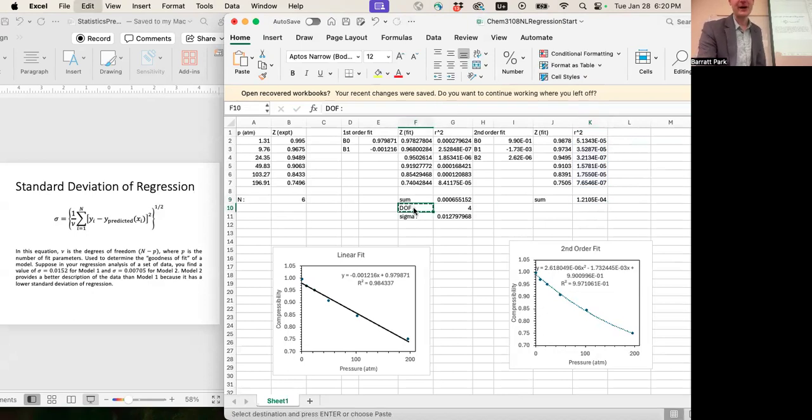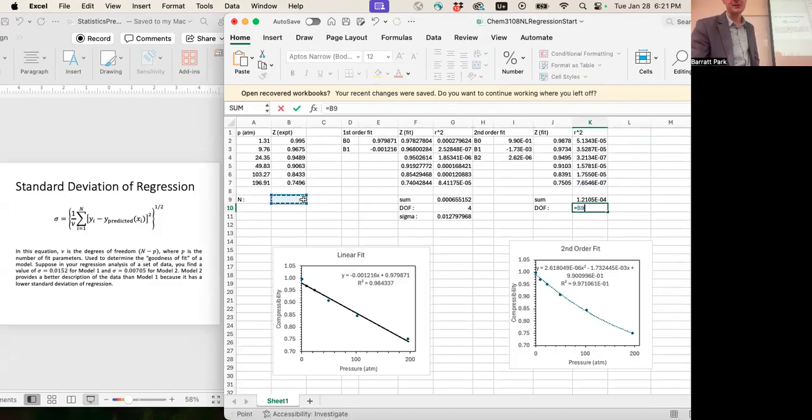Okay, so now the number of degrees of freedom is going to be less because we have more fit parameters. So we have 6 data points, but now in the quadratic fit, we have 1, 2, 3 fit parameters. So the number of degrees of freedom is 6 minus 3, which is going to be 3. So number of points minus 3 fit parameters.